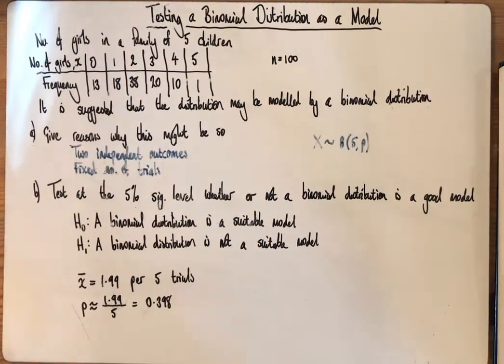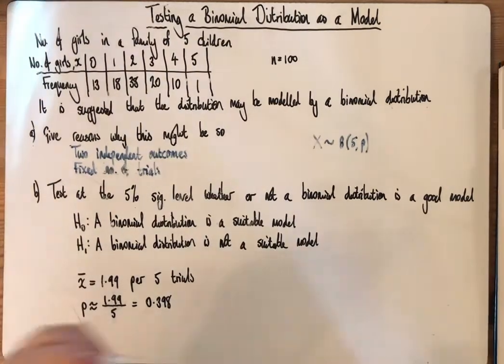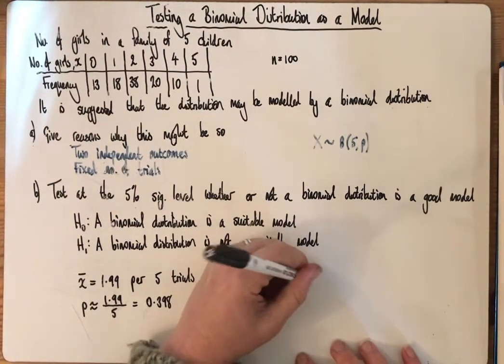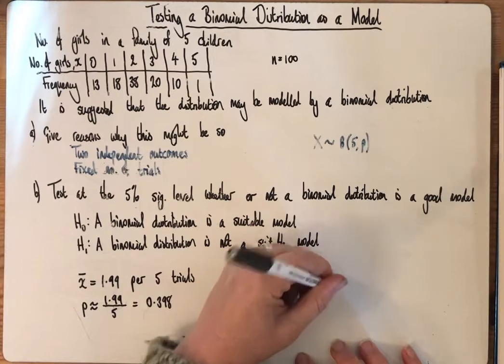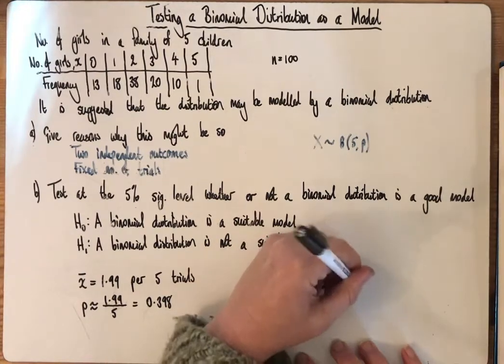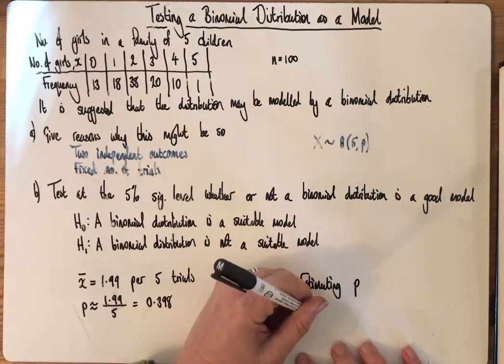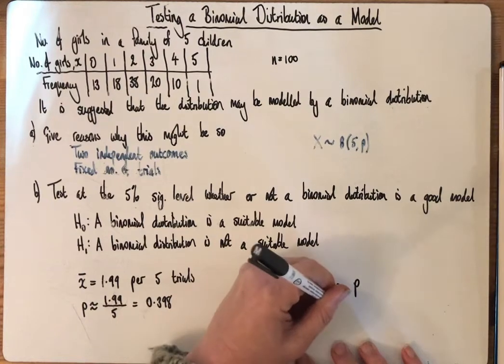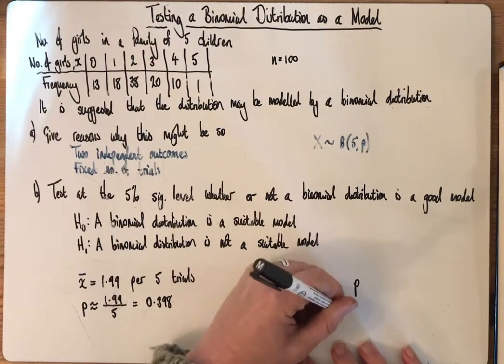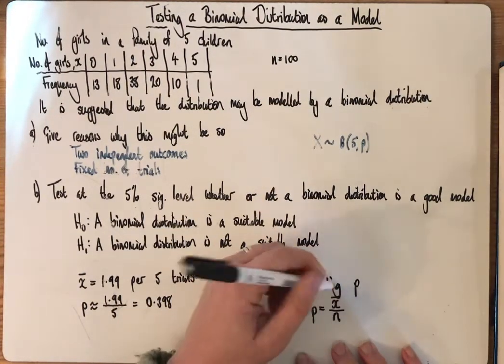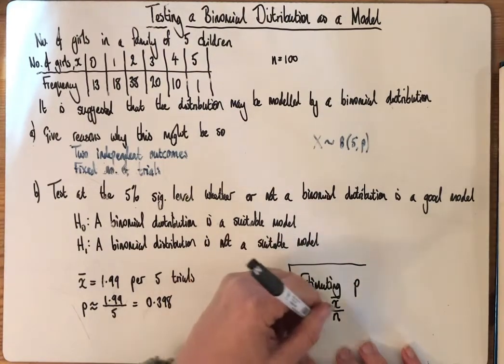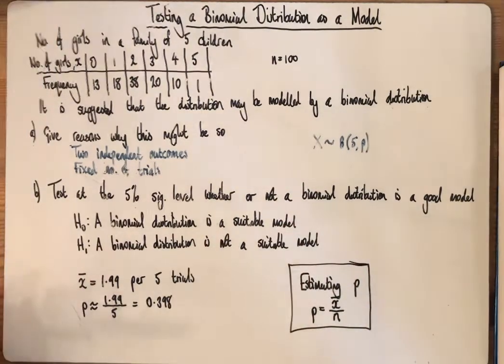I'll leave you to make what you want of that. So estimating p, and this will be true for all the binomials, p is equal to the sample mean divided by n. So n is the sum of the frequencies.